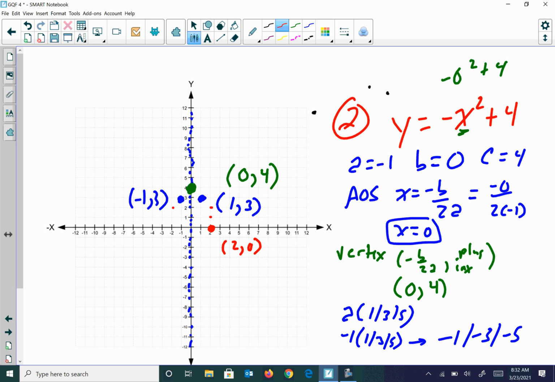And I'm going to go left 1, down 3. Now, the nice thing is we got 2 y values being 0. Those are called roots. They're called zeros. They're called solutions. However you want to call it is the right way. That's my parabola. That's it.